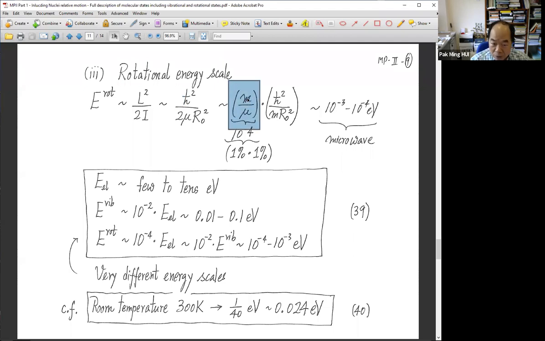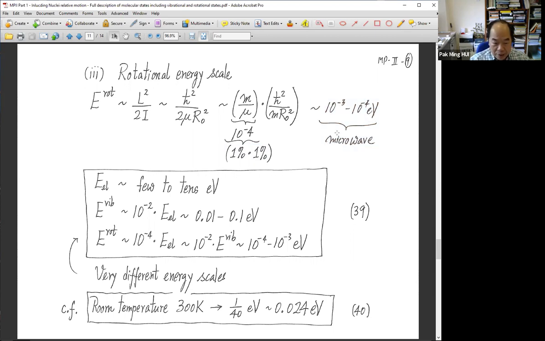This is the electron mass over the reduced mass, the two big atoms heavier, 10,000 times heavier at least. So this will be easily 10 to the minus 4 times several eV, okay? So you see, this is 1% times 1%. Okay, so that will give us microwave to far infrared range.